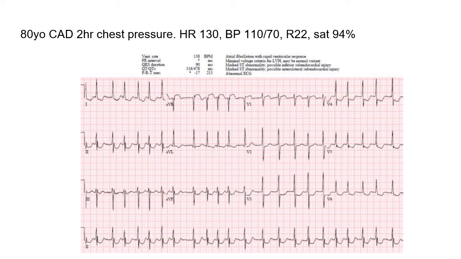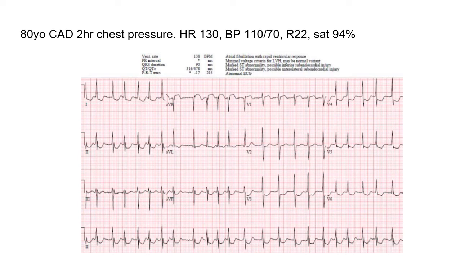Narrow. Okay. And is it regular or irregular? Irregular. Do we see P waves? No. I don't think I see any P waves. Yeah. So I agree. I think this is more atrial fibrillation.